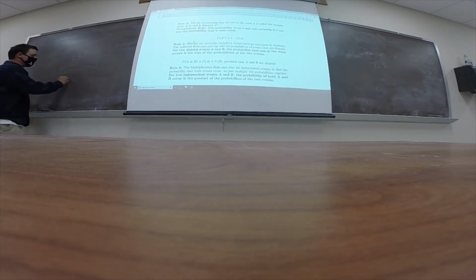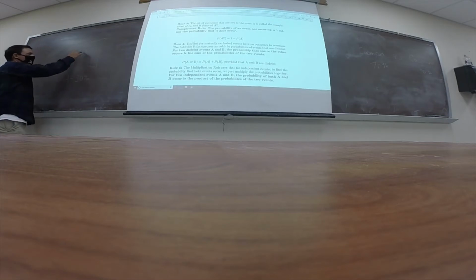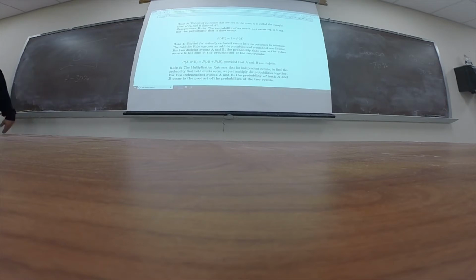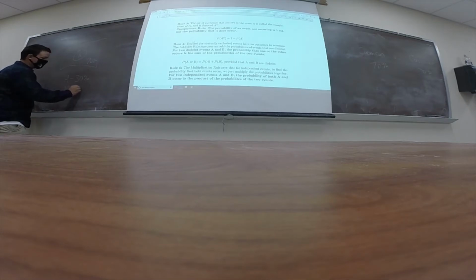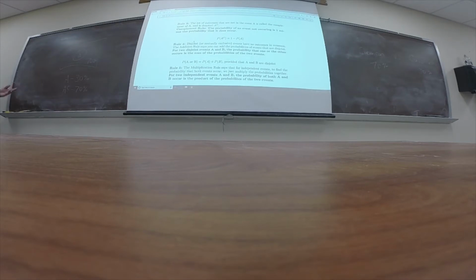So if the probability that A happens is 30%, so this circle takes up 30% of your sample space, what's the probability A doesn't happen? 70%, it's whatever's left over. So A complement is 70%. A to the C stands for A complement. Does that make sense?